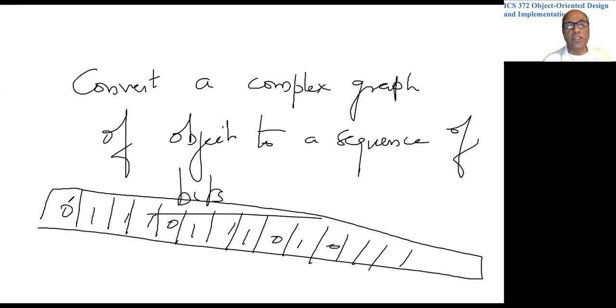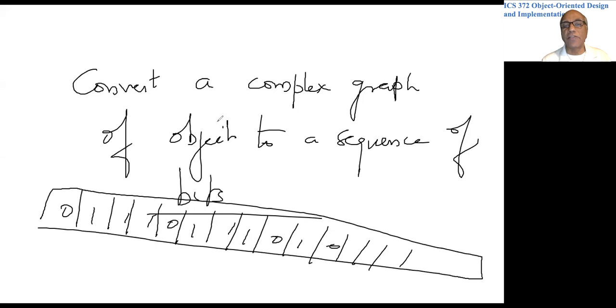So you should have some mechanism for saying, okay, here is my first object, here is my second object, third object, and this object belongs to this class, etc. And if you can do this serialization, you can even ship this serial object over a network to another computer where you can retrieve the objects back and then invoke methods.